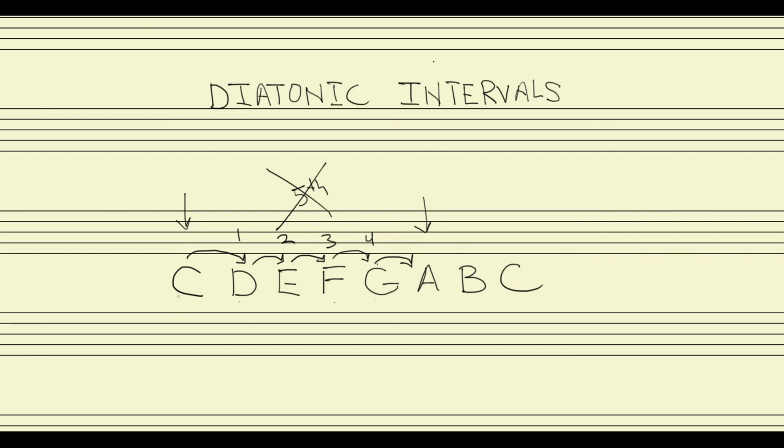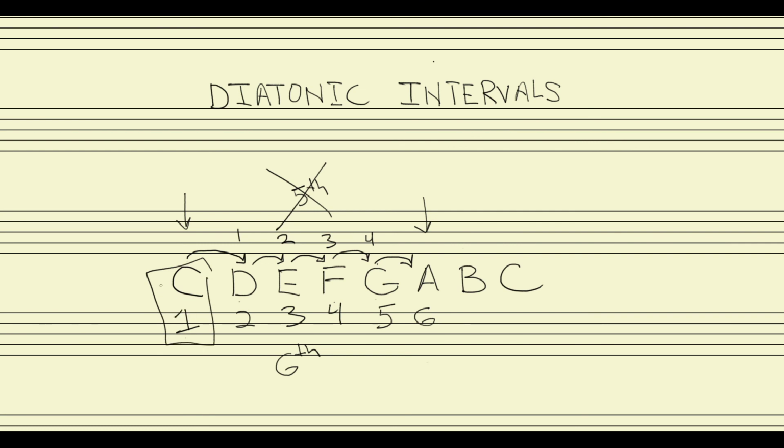So if we're starting on C, we start counting 1 on C. We count 2 on D, 3 on E, 4 on F, 5 on G, and then 6 on A. So the interval from C to A is actually the interval of a sixth, because we start counting on our starting note.